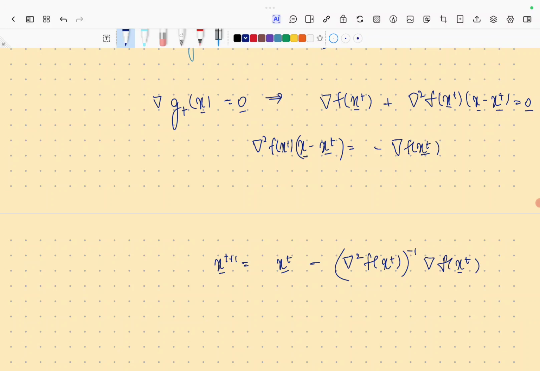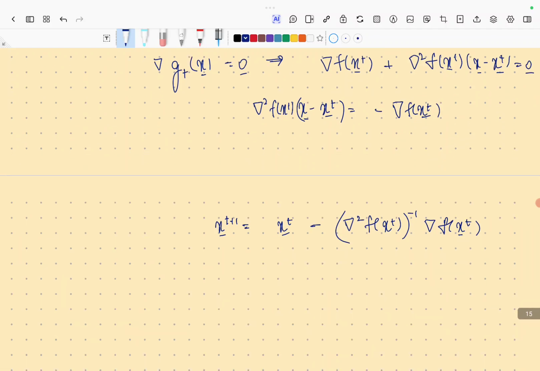Right? Remember that in the one-dimensional case we had xt minus the derivative divided by the second derivative. But now the second derivative is not a number, it's a matrix. The Hessian is a matrix, so you have this matrix inverse times the gradient.